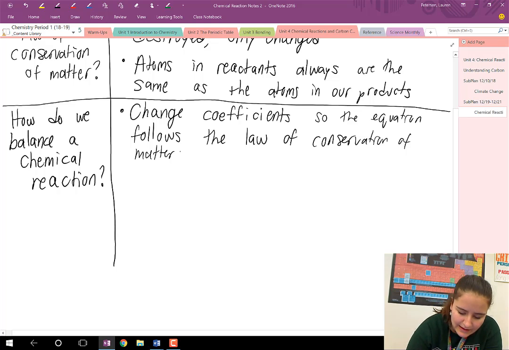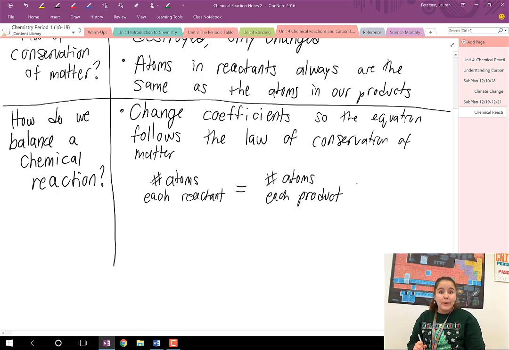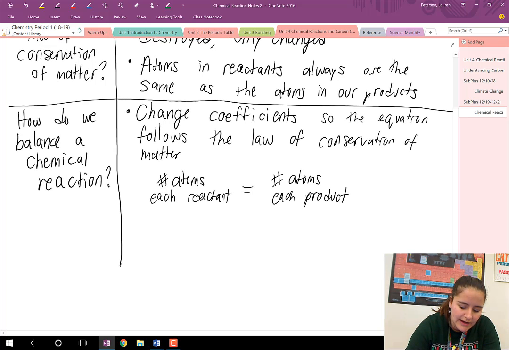Okay, aka the number of atoms of each reactant equals the number of atoms of each product. Okay, you're not pulling things out of nowhere. So, I'm going to show you guys an example, and then I'm going to show you guys a little trick.